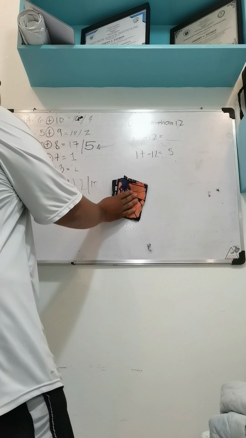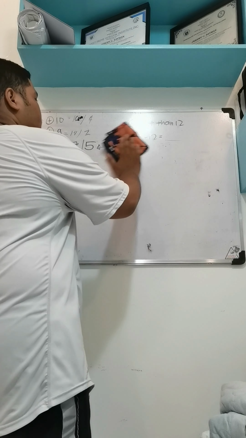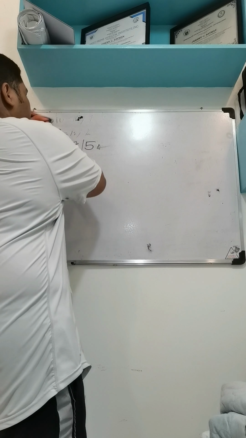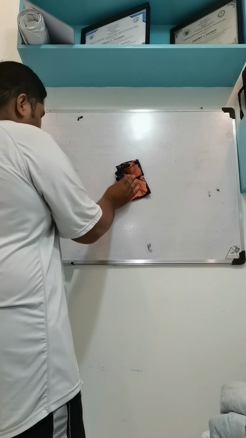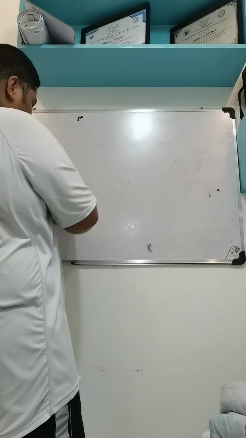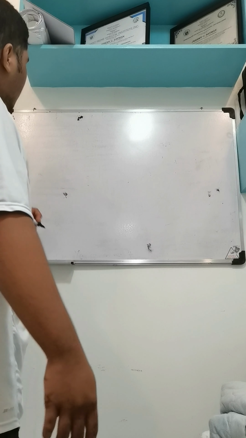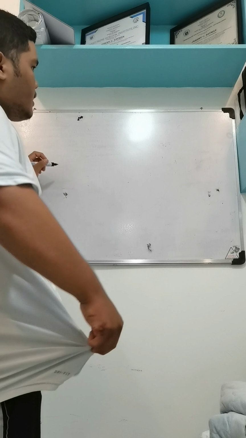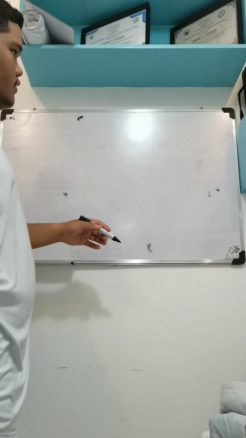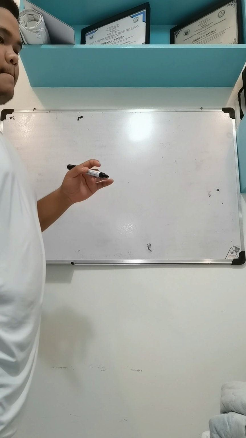So let us proceed to the next topic, the days of the week or the calendar. One thing that we should always remember, guys, when we are talking about a calendar, there is a sign, or palatandaan.